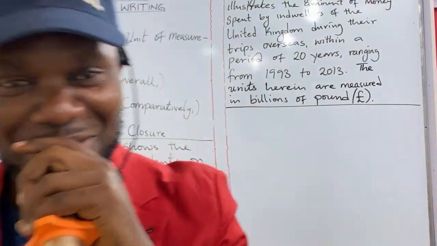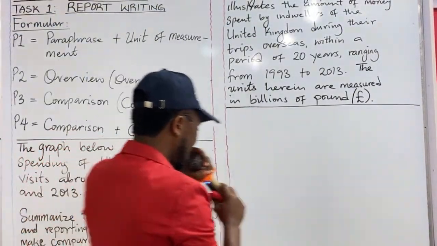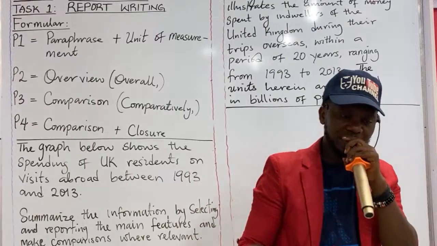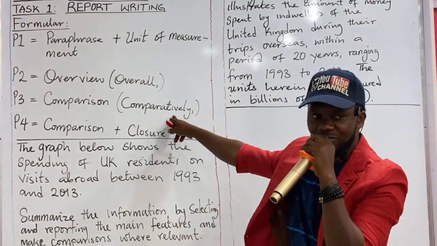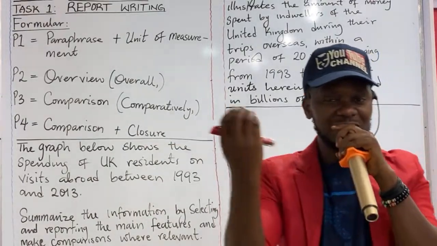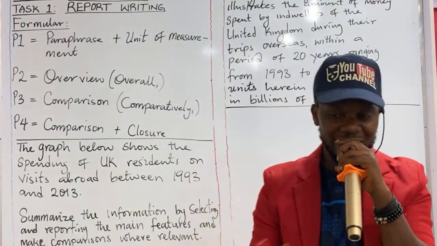This is where the job is. So let's begin. Your third paragraph, you should begin with the word comparatively. It's right here. Comparatively is an advanced expression. And it indicates that you want to do what? Compare.